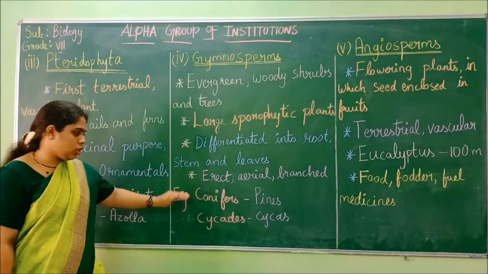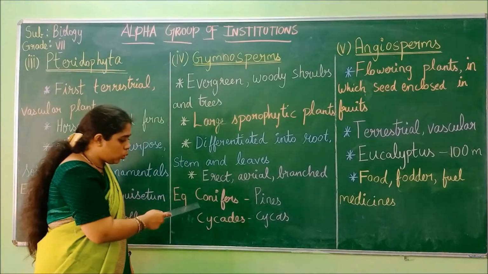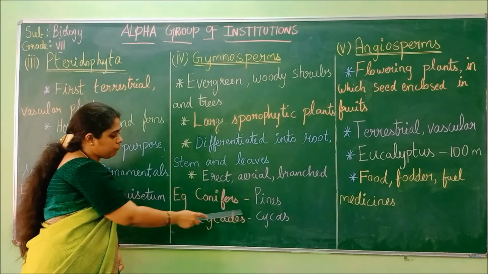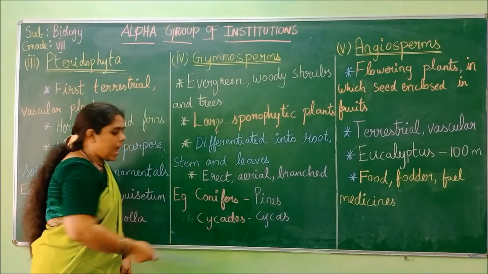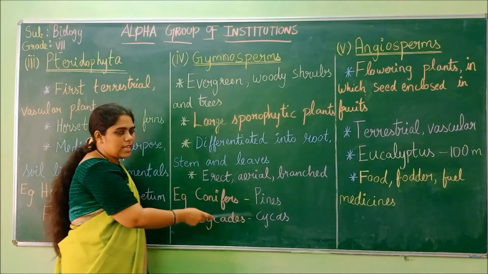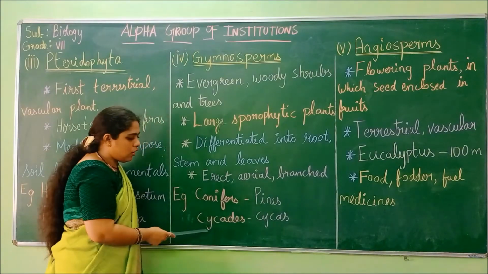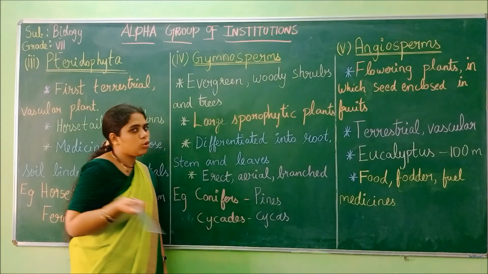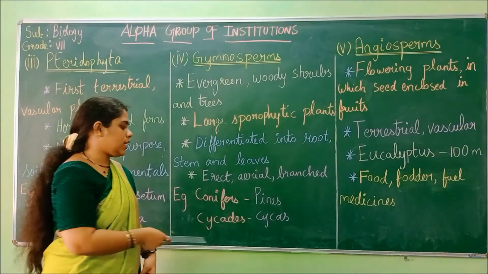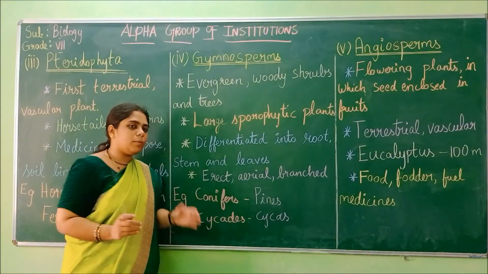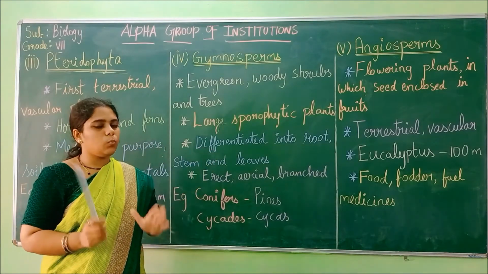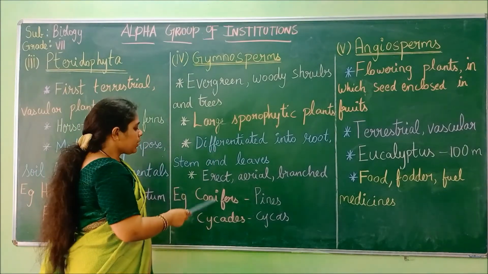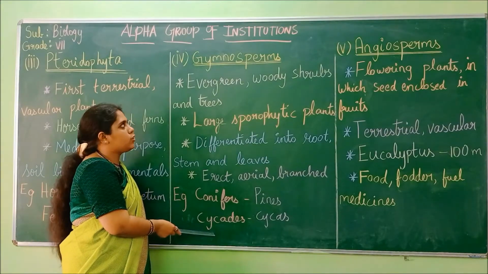Remember children, these are the two categories of gymnosperms, conifers and cycads. Pines you would have seen, and Cycas also is a medium-level tree with strong branches. So these are the examples of gymnosperms.